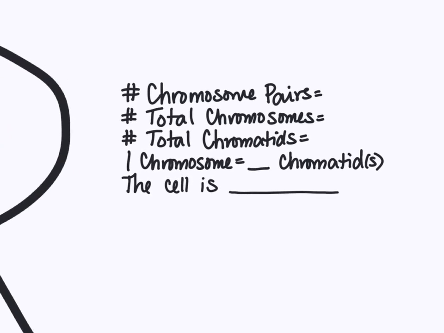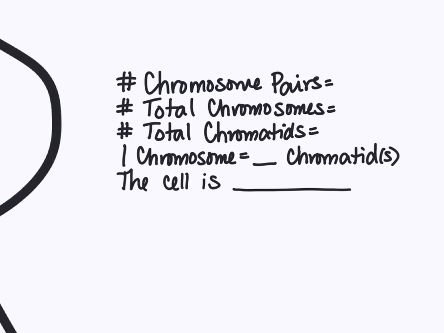So if we look at the cell at this point in the cell cycle, we still have 23 pairs of chromosomes, which gives us 46 total chromosomes. So we have not added any chromosomes to the mix here. We've only added extra chromatids. The key difference here is that we now have 92 chromatids present, and that's because each chromosome is now made up of 2 chromatids.